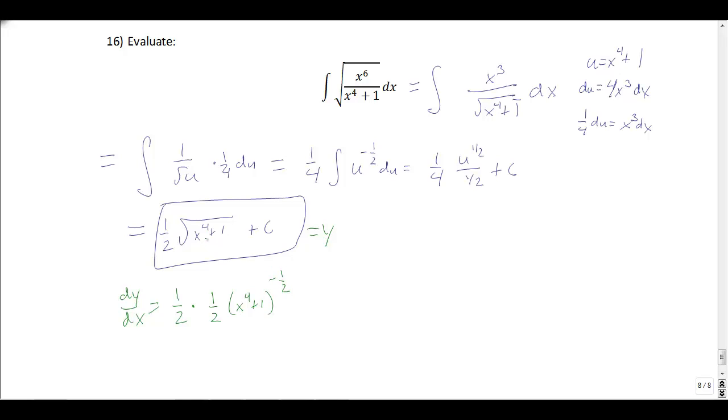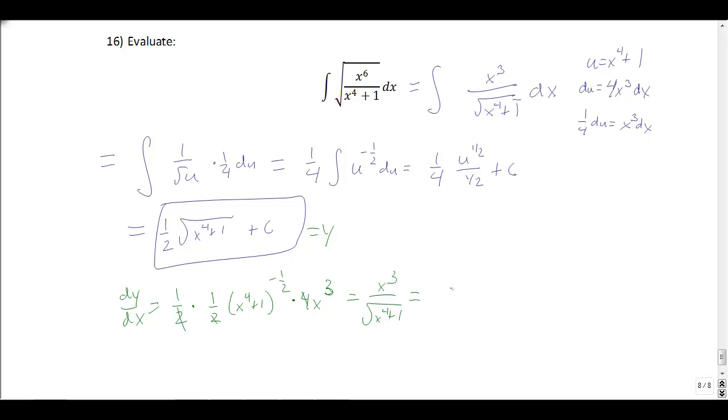Then by the chain rule, I multiply by the derivative of x to the 4th, which is 4x cubed. The 4 cancels with the 2's, and I get x cubed over the square root of x to the 4th plus 1.